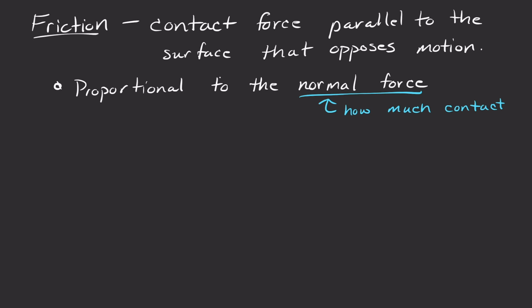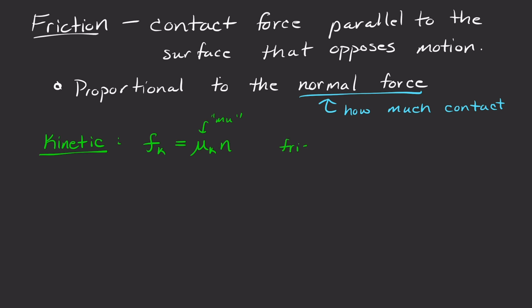We divide friction up into two different types. The first is kinetic, and we give this a little subscript k, and it's equal to this constant mu k, a Greek letter mu, times the normal force. So mu k is the proportionality constant that tells you how much friction there is between two objects.